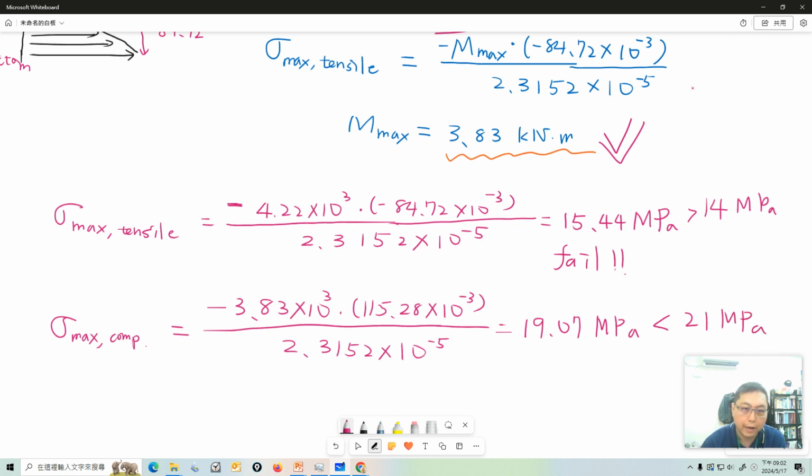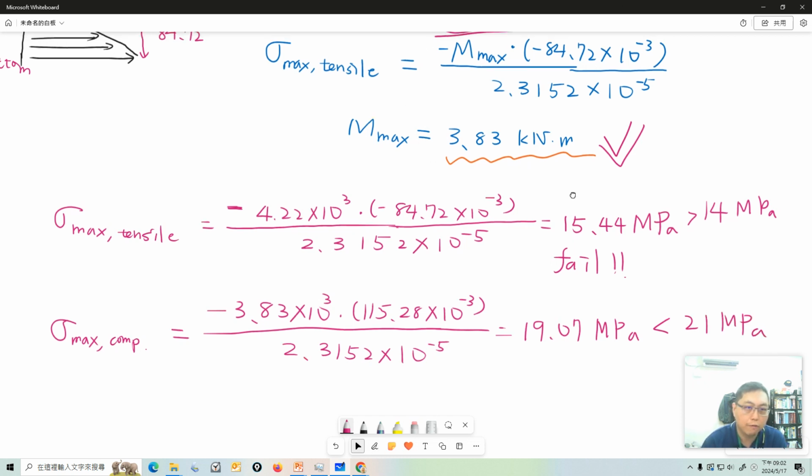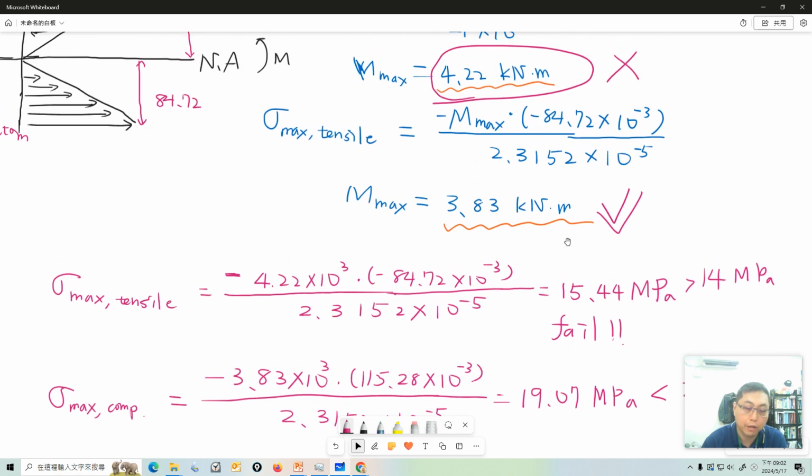So that's why we choose the lower value for the answer. If we choose the larger value, it will create a maximum tensile stress greater than the criterion given by the problem, so it won't fit.